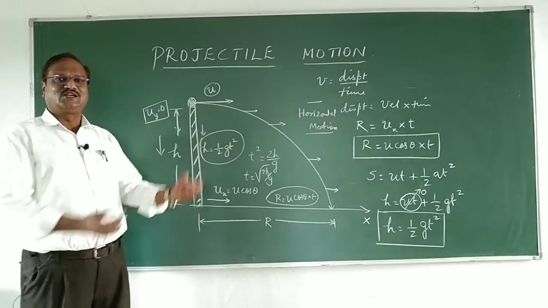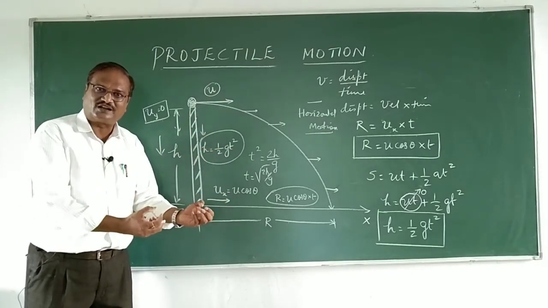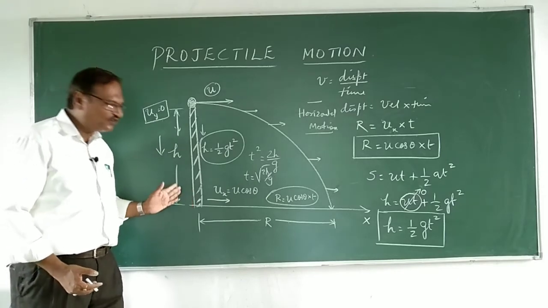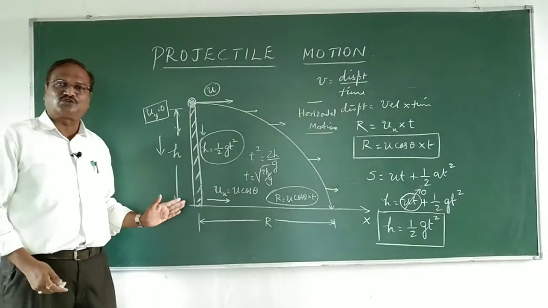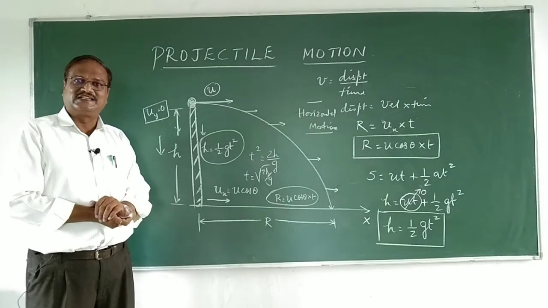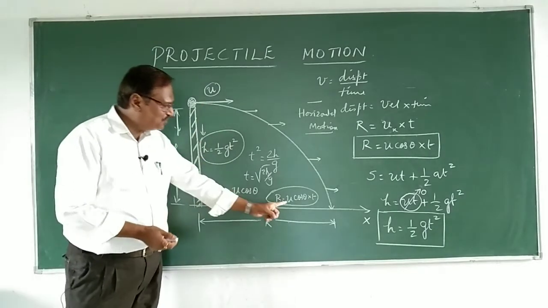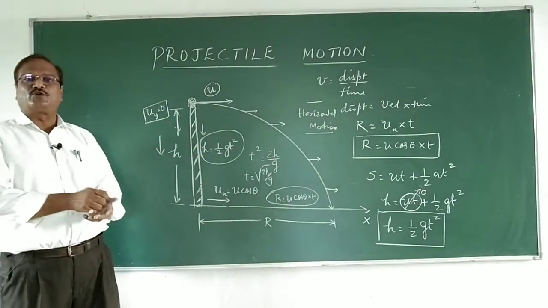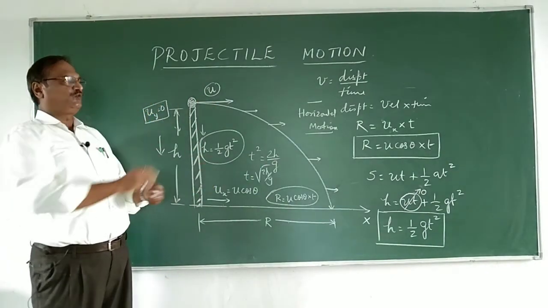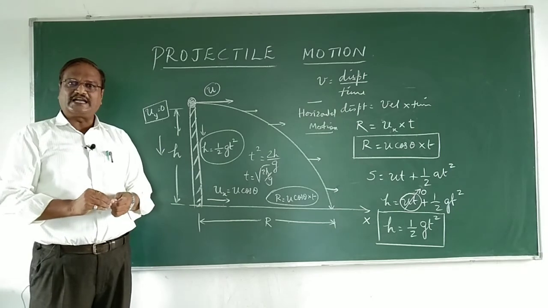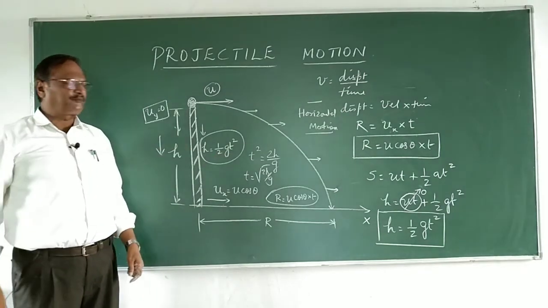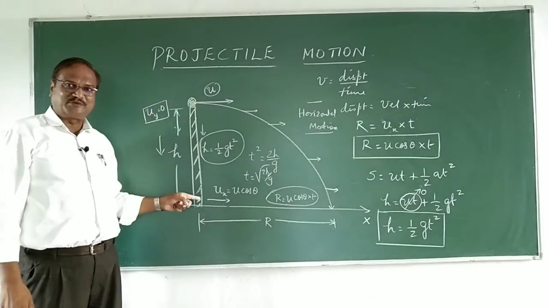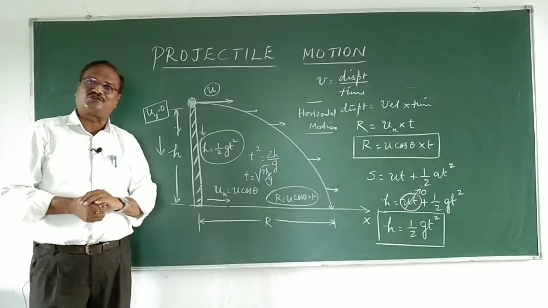So naturally both of them will strike the ground at the same time, because it depends only on the height. It does not depend on the range where you are throwing. The range depends on the initial velocity. If I throw it with 20 km per hour, or with 60 km per hour, then the range will change, but not the time, because we have fixed the height as a constant.